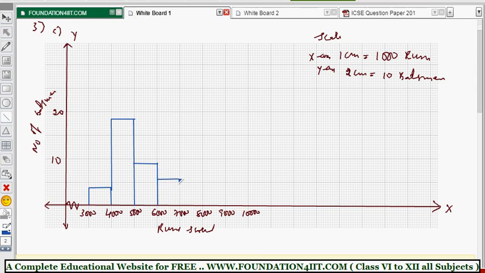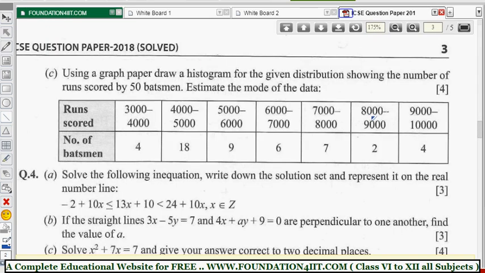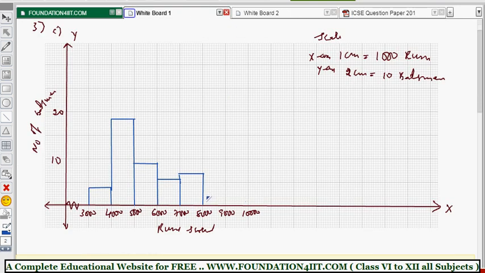After 5, next 2 millimeters, so 6. Next it's 7. 6, 7, 2 and 4. So this is the histogram till now.